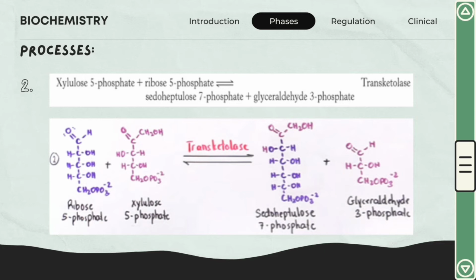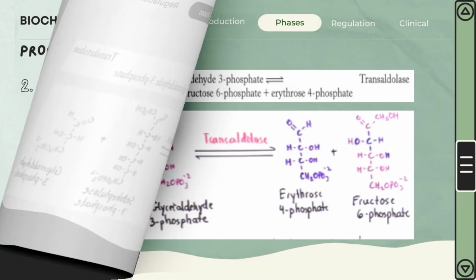Now, if we take away the 2 carbons from the xylulose, from the CCH2OH part, we essentially form a 3-carbon sugar, and that 3-carbon sugar is known as glyceraldehyde 3-phosphate. So the products of process number 2 of this particular phase are the sedoheptulose 7-phosphate and the glyceraldehyde 3-phosphate, and it is catalyzed by the enzyme transketolase.